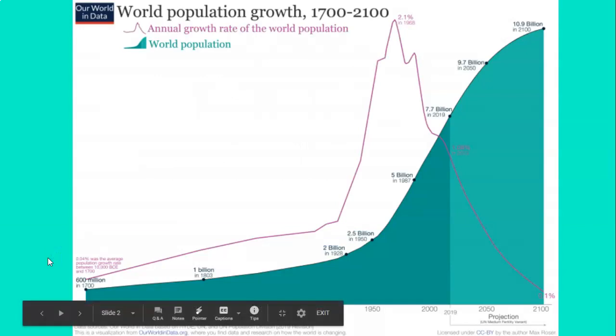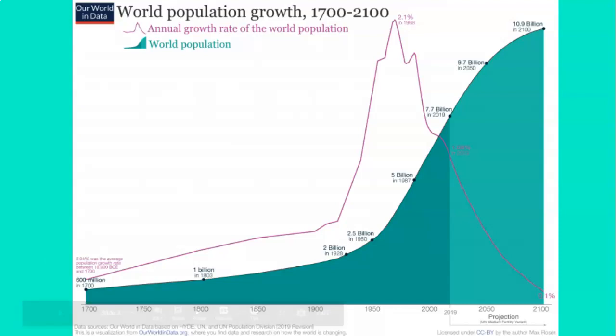Now, it's easy to think about the world's population as being this ever-increasing number, right? You can see from the chart here that the world's population since the 1960s has been growing at a very rapid rate, to the point that by the year 2100, it's going to reach about 10.9 billion, almost 11 billion people.